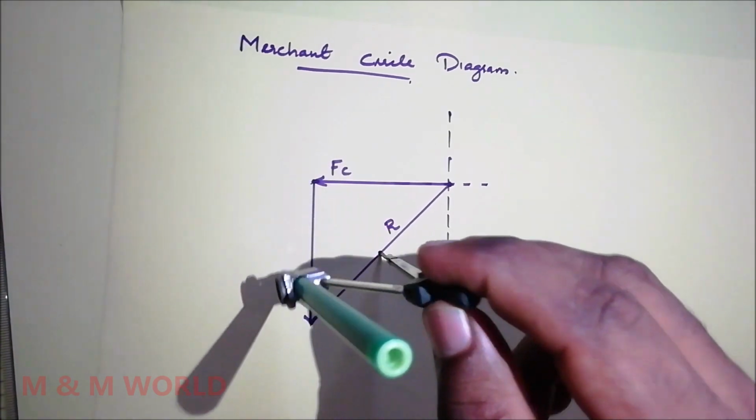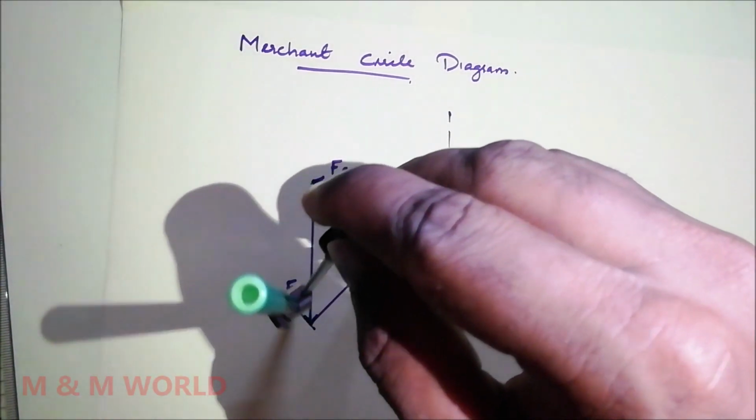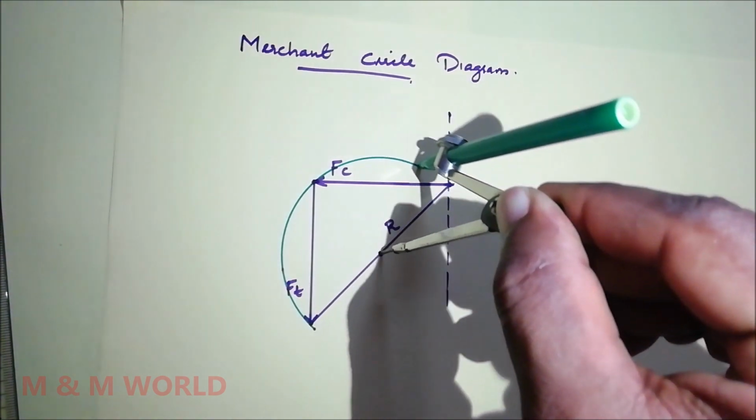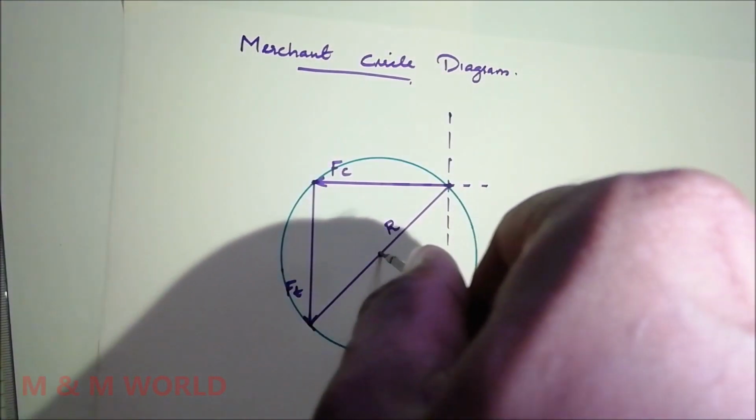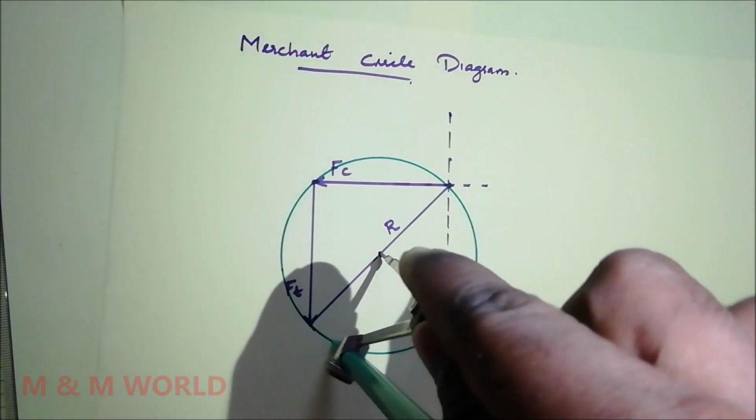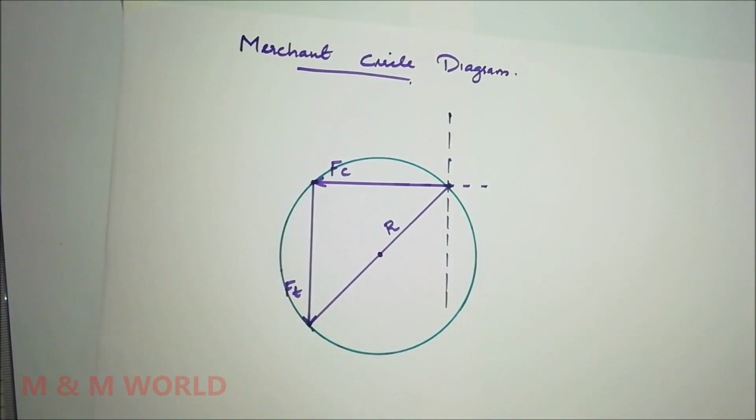So now I am drawing the circle. So this is the Merchant circle.